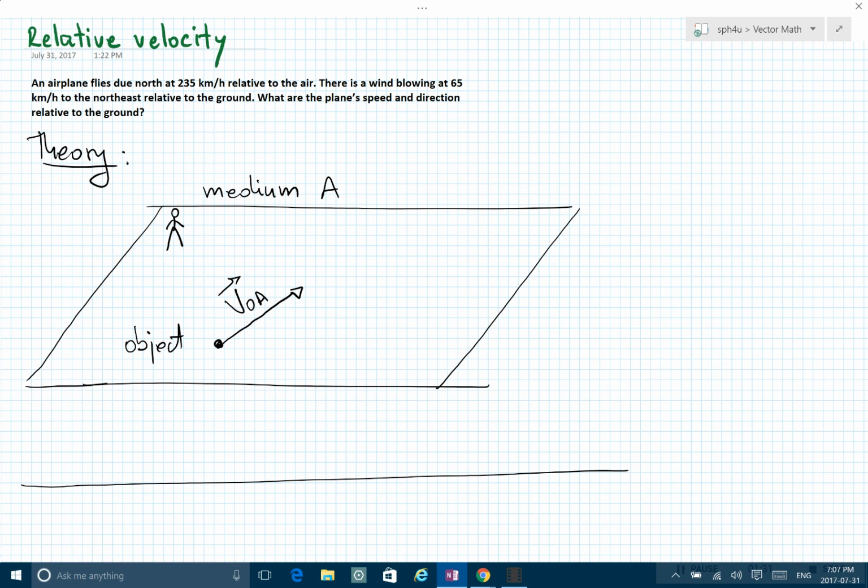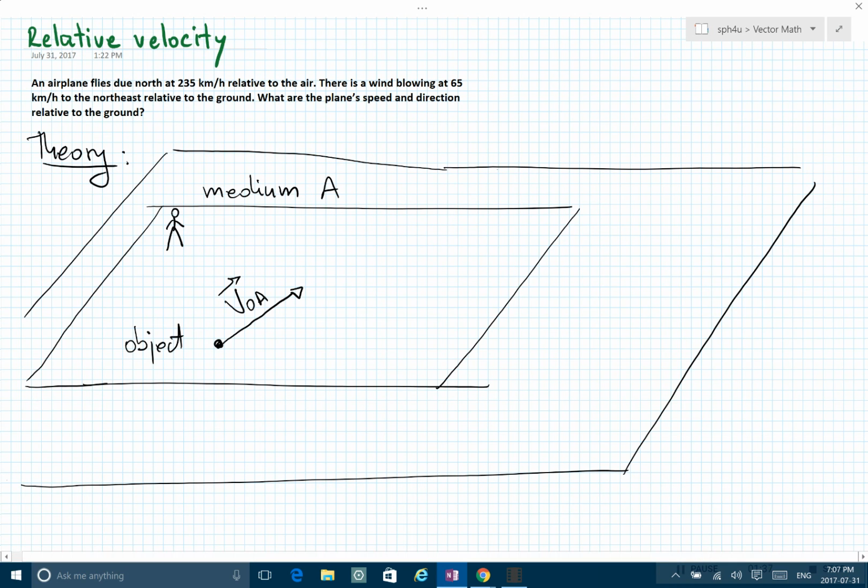However, our medium is in another larger medium, another frame of reference. So this is observer 1, and that's what he observes. Now we have medium B here. Now the whole medium A is moving, let's say, like this.